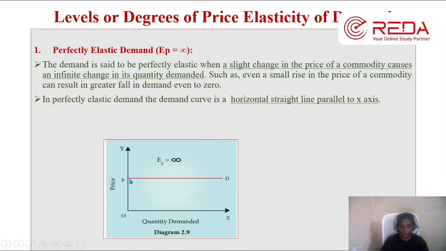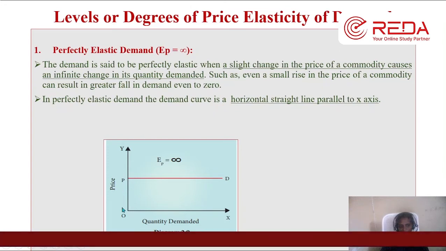Here the red straight line indicates the demand curve, and numerically we write it as EP is equal to infinity. Why do we write infinity? Because the quantity demanded among consumers for a particular commodity, for example gold, keeps on increasing.